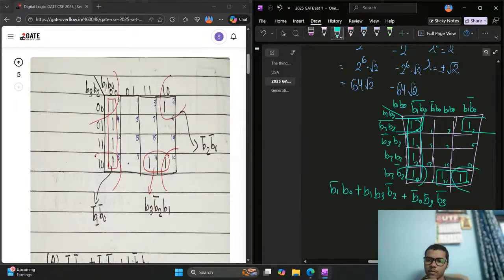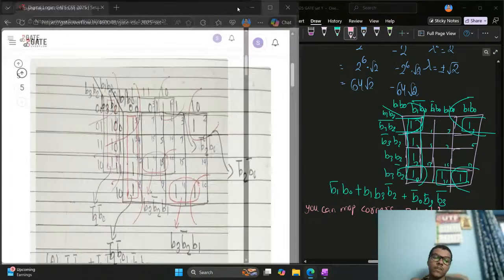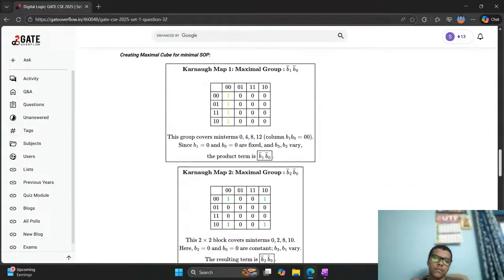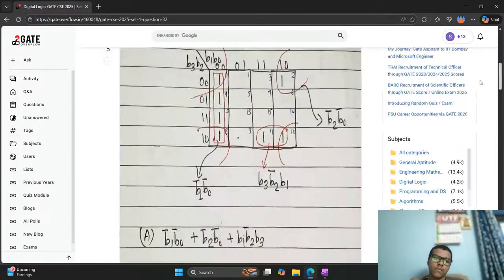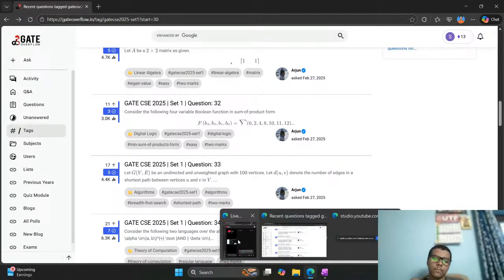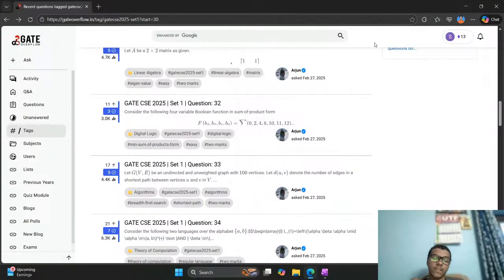You can map the corners. But got it. Got it, yeah. Good.